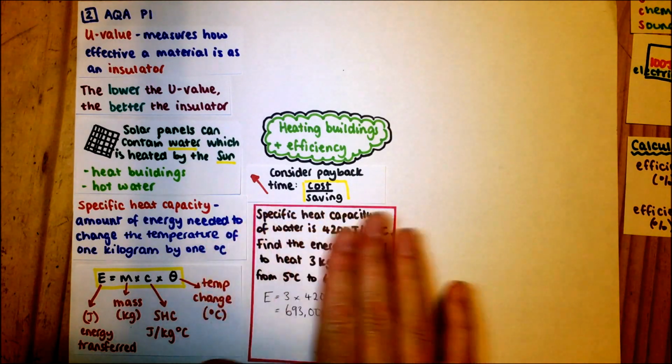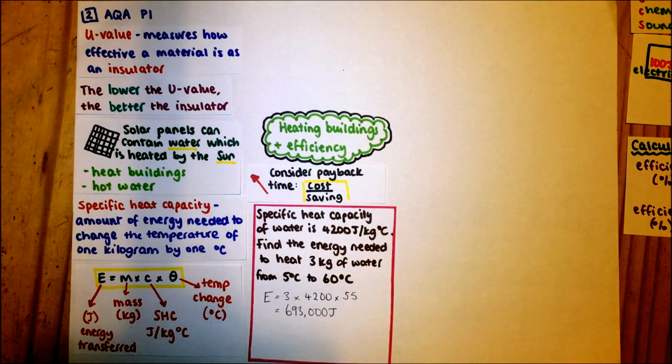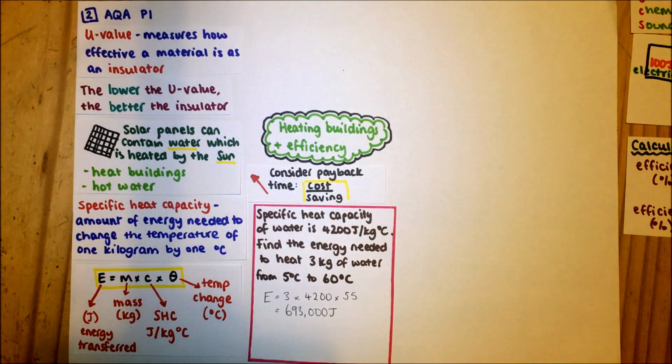However, over time, they may reap those rewards in saving. So you'd be doing cost divided by the saving that they'd achieve, which will give you an idea of how many years or months or even days it might take to get that saving back out of the cost you've had to put into your house. Okay, so you might need to consider payback time in some of those exam questions, just to give you some evidence and support what you're trying to say.